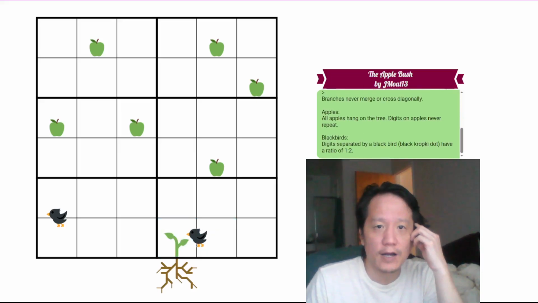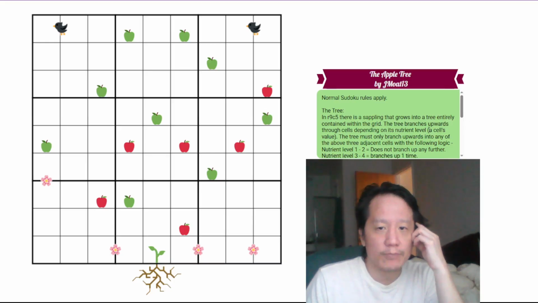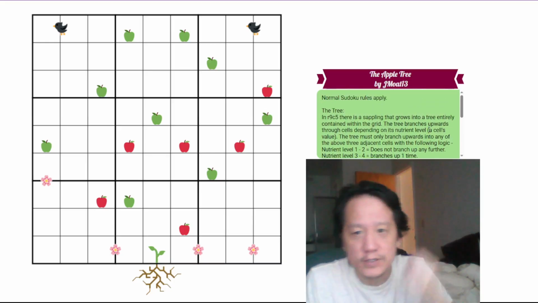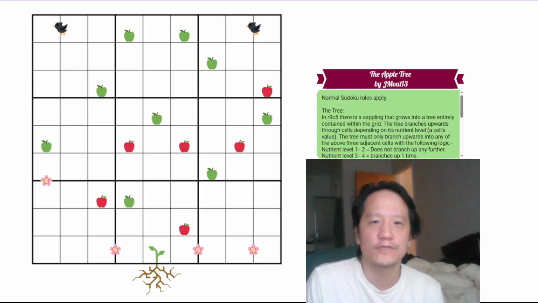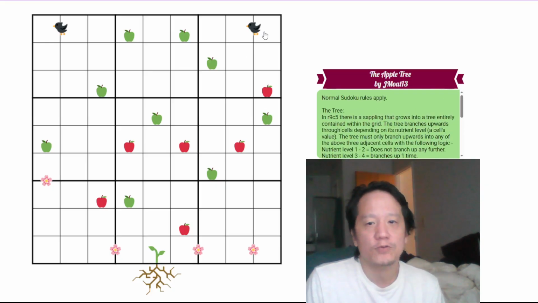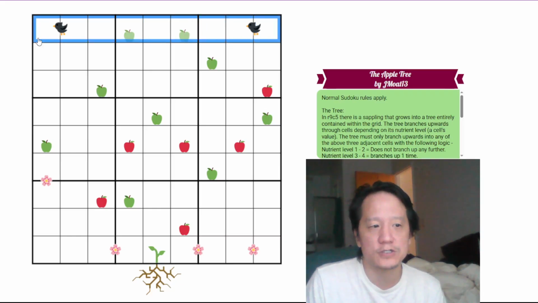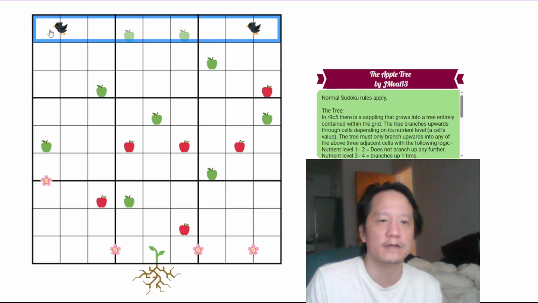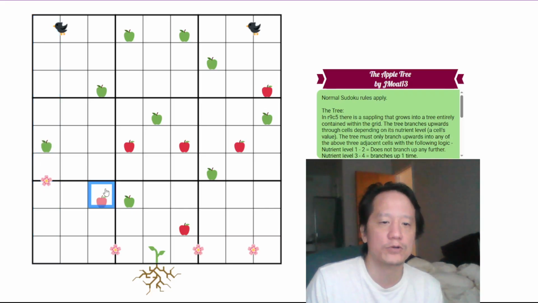We also have the apple tree. And it's also by JMote13. I don't know if I said his name, I think I said his name. And we have normal Sudoku rules apply, which means in every cell in this grid, place a single digit from 1 through 9 such that there are no repeats in any row, column, or designated 9-cell region.